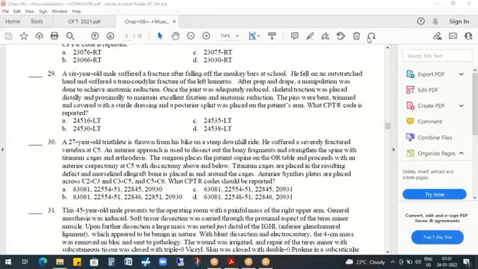Sir, here pins are used. See, with the help of pins, you are going for percutaneous treatment. Pins are placed across the fracture site with the help of X-ray or imaging guidance through the skin.